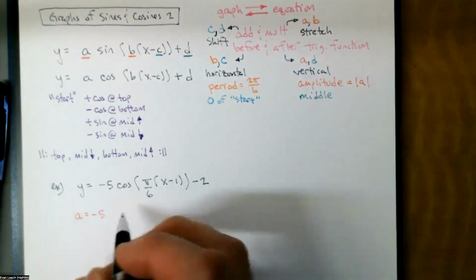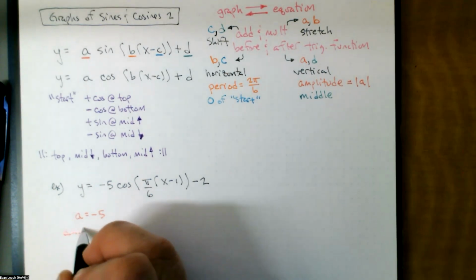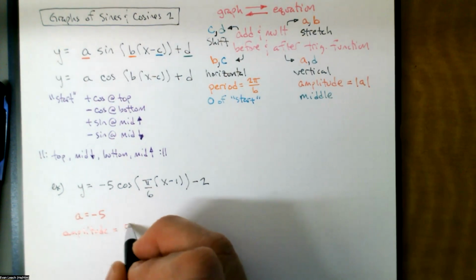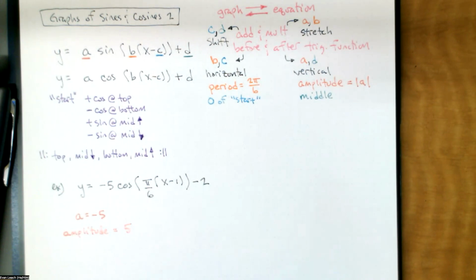So the amplitude is just the absolute value of this, the absolute value of -5, or just 5. And we have a negative cosine, so we're going to start our graph at the bottom.